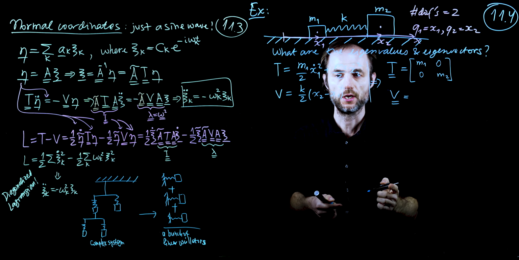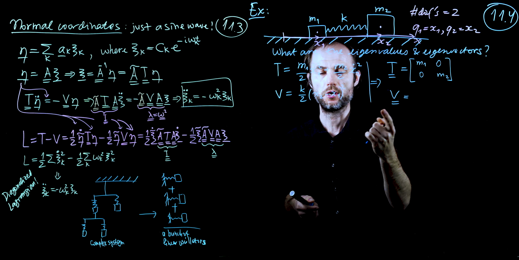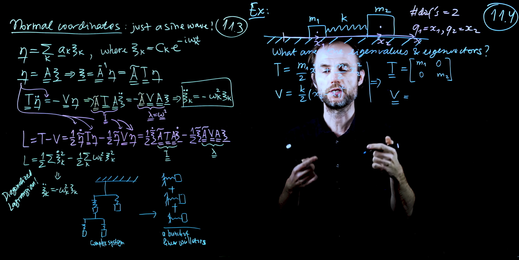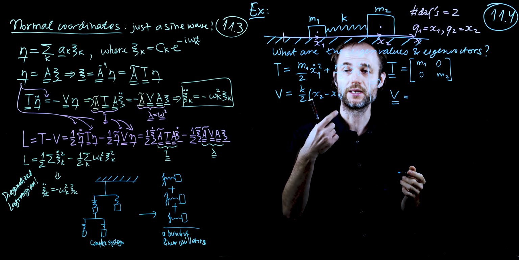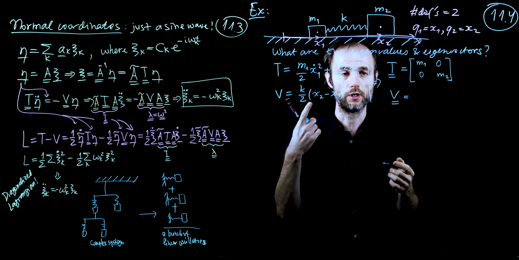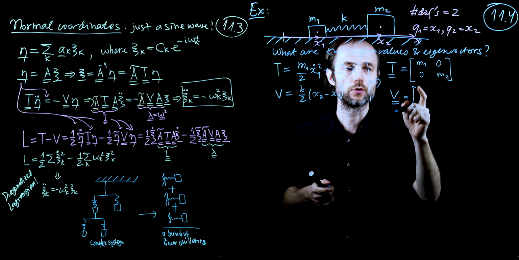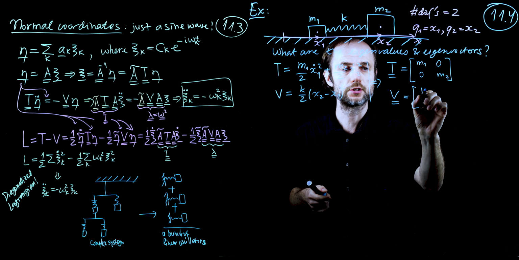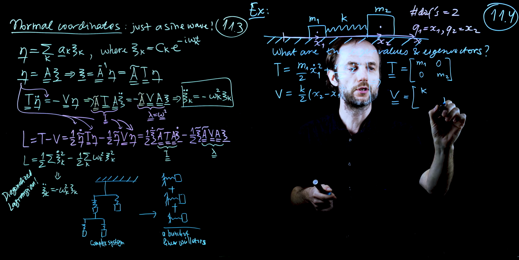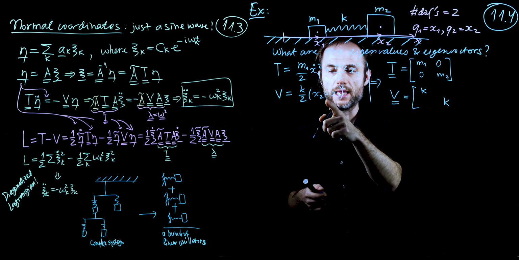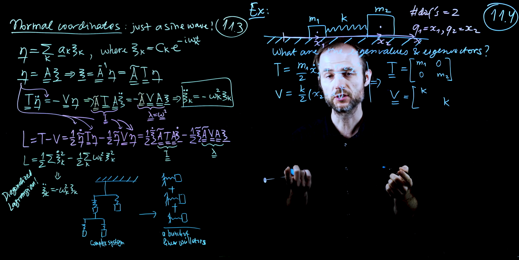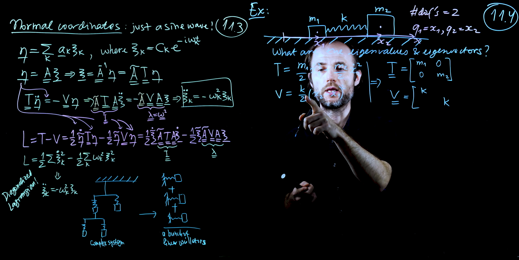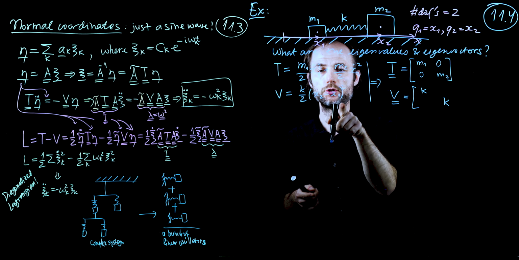What about V? Well, with V, it's very similar to T, except we take partial derivatives with respect to x1 and x2. So the second partial derivative with respect to x1 is going to give us k over here. Same thing for x2, and we now do have the mixed derivatives here because we will also have the term here as a result of the square.